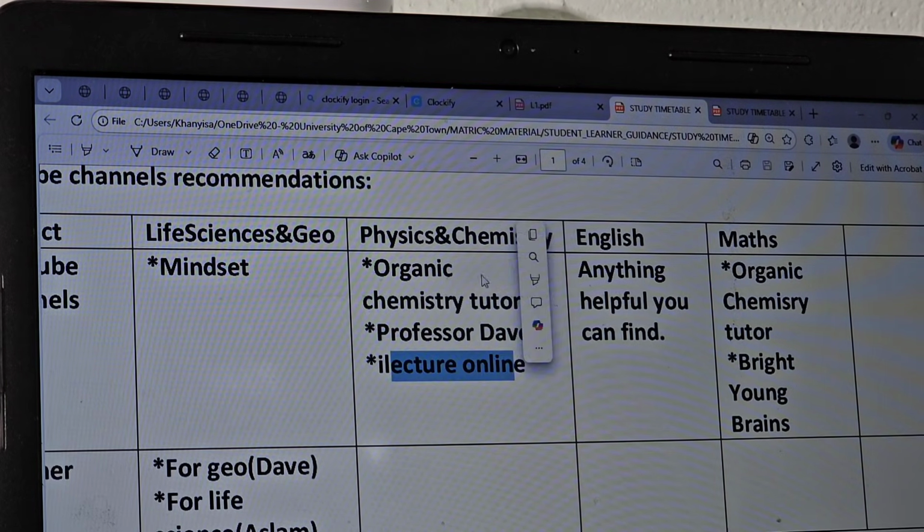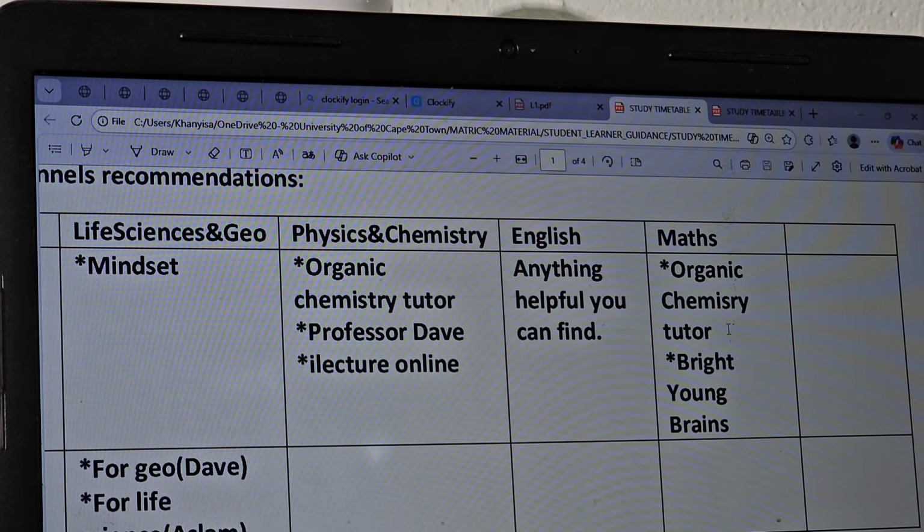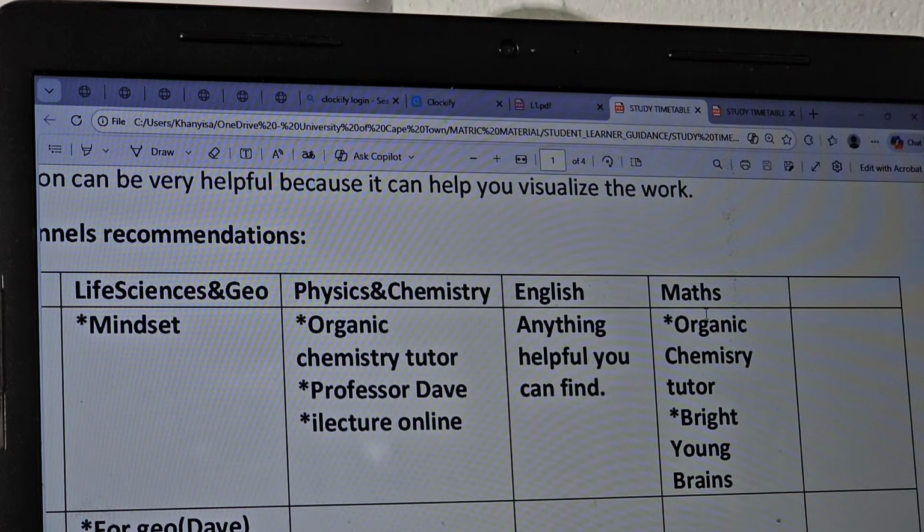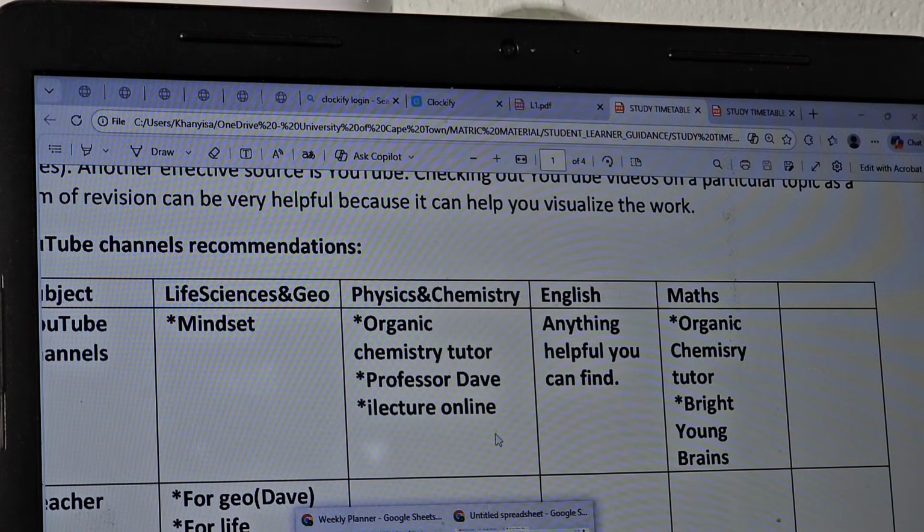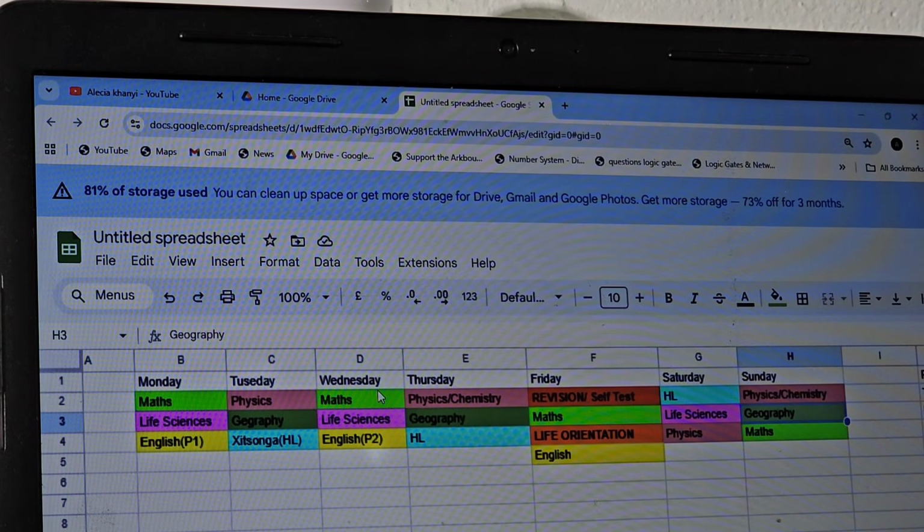These guys carried me through. And then for maths, the Organic Chemistry Tutor is your go-to guy for almost everything that you do in school, whether in primary school, high school, or university. He's just that good. This is just a whole basic structure.